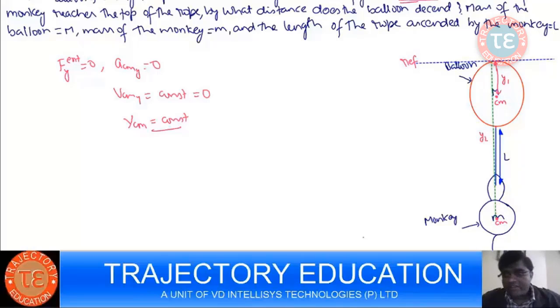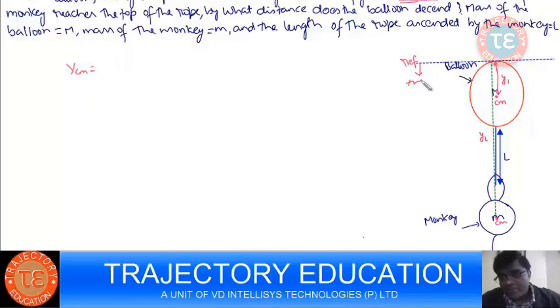So I'll take YCM, if I take this direction as positive, then YCM initially was M into y1 plus small m into y2.